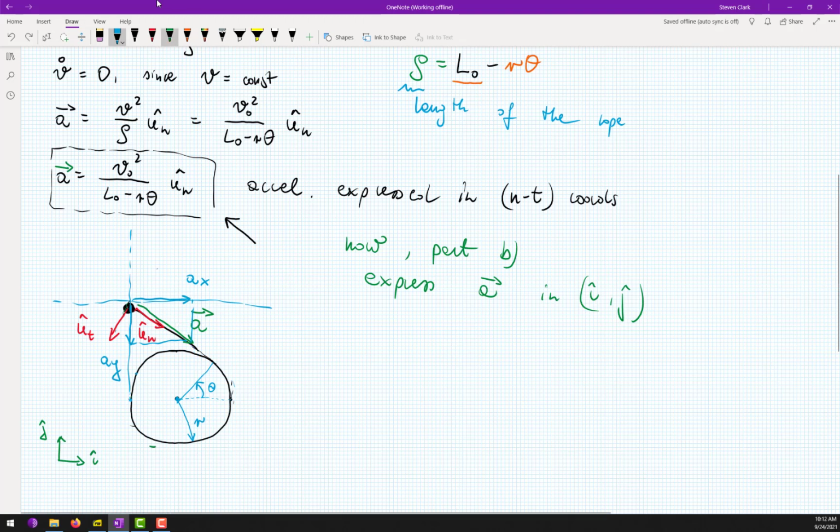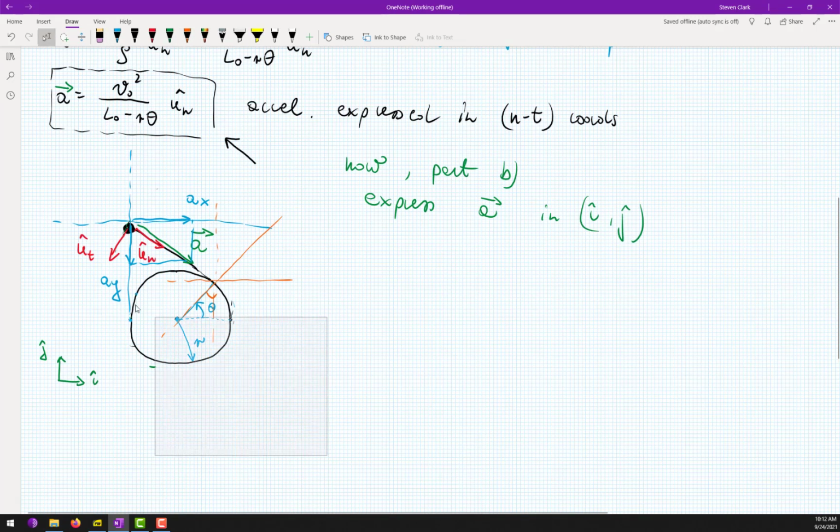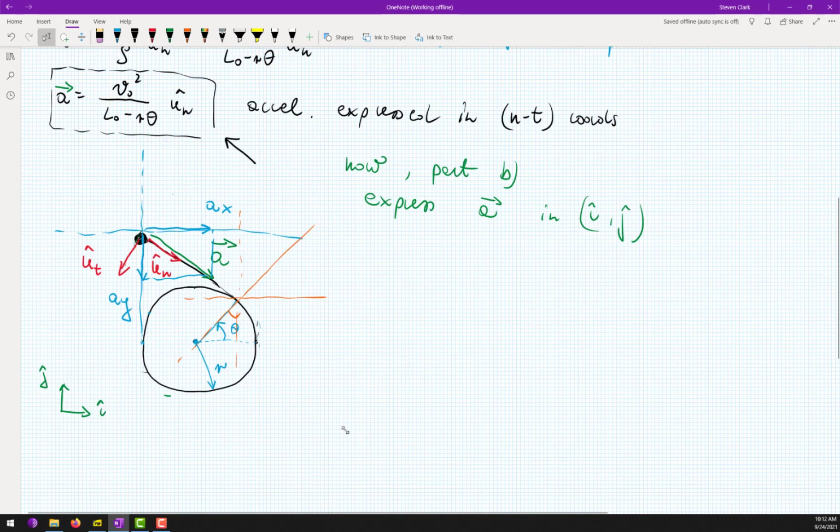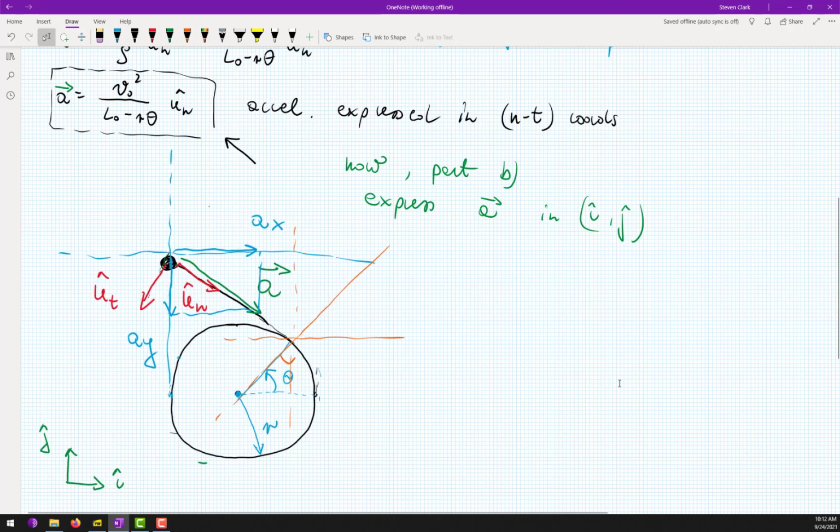So let me do it quickly. I'm gonna switch the color, maybe to orange. So I think that we have something like that. I think we can also have something like that. So if theta is here, I believe that this angle will be 90 minus theta.